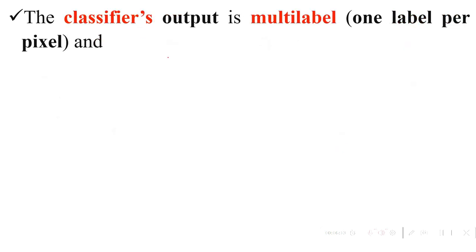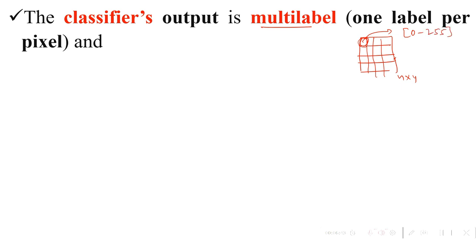Now the classifier output is multilabel, that means one label for each pixel. For example, in a 4x4 matrix, each small part is called a pixel. This pixel contains any value between 0 and 255.